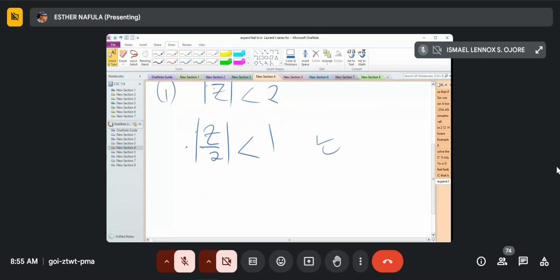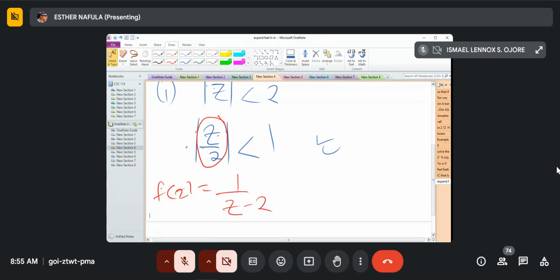So once you have this, go back to your function. Your f of z is 1 over z minus 2. So you want to manipulate this so that it's either 1 over 1 plus z or 1 over 1 minus z. But you are having this in mind: whatever you do, make sure you arrive with a z over 2.